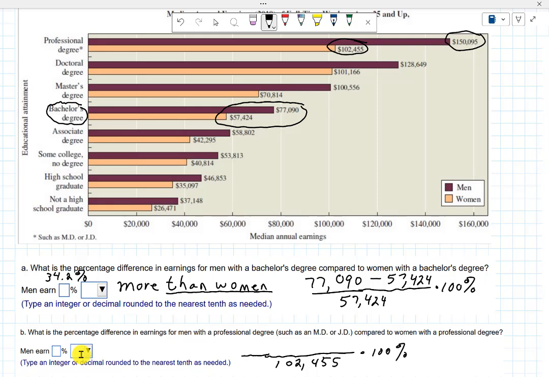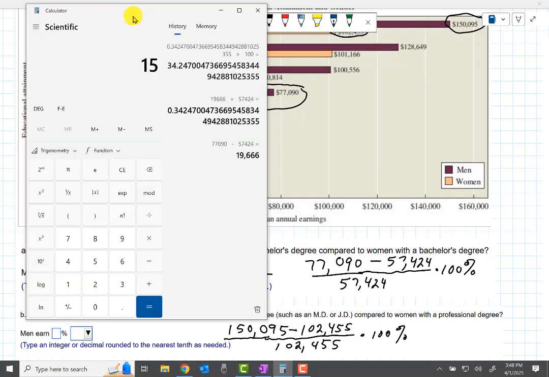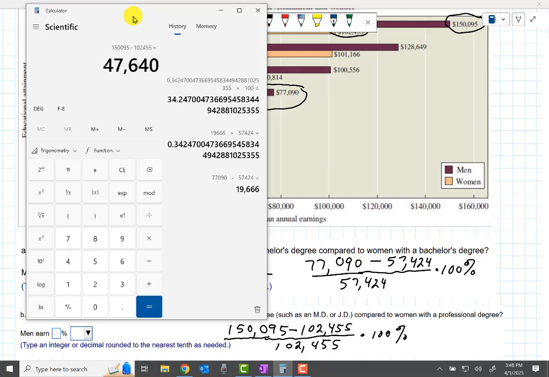I may need to make this longer. The male earnings is 150,095, and I'll put the female in there again. And let me check. So 150,095 minus 102,455, enter.